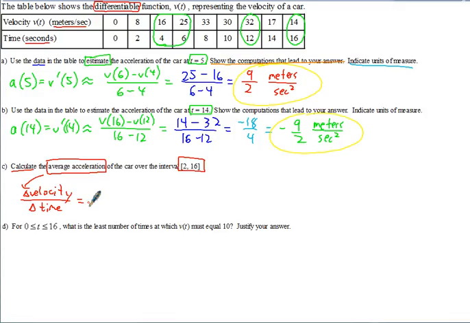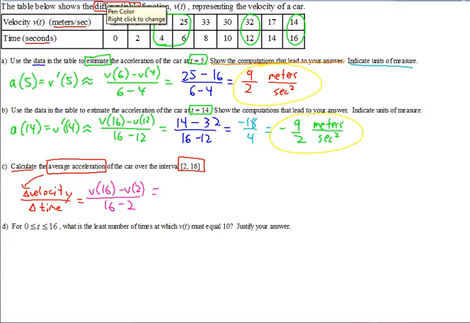The change in velocity would be v of 16 minus v of 2, over the change in time, which would be 16 minus 2. If you look, you'll notice this expression looks very similar to the last 2 expressions. Because what we're really doing to estimate the acceleration at one specific time, 5 and 14, is just finding the average acceleration over an interval that was really close to the time we're looking for.